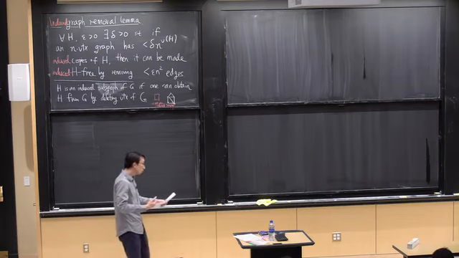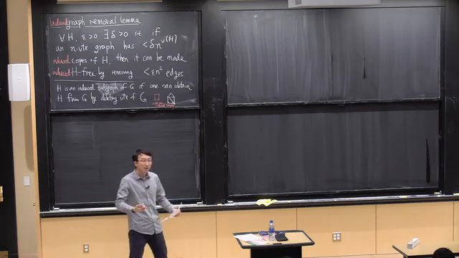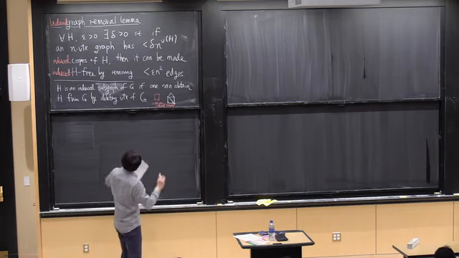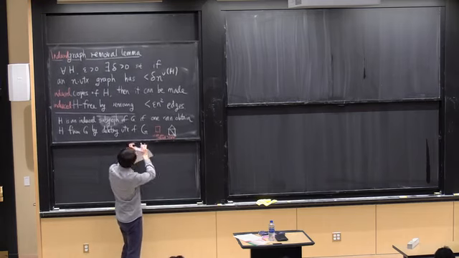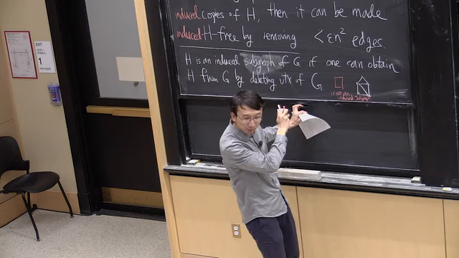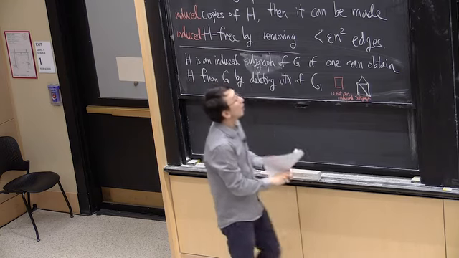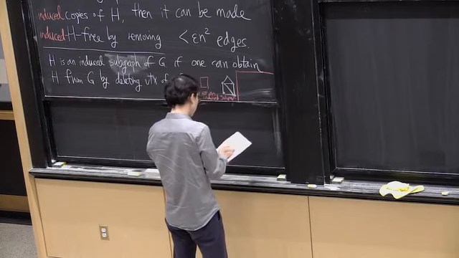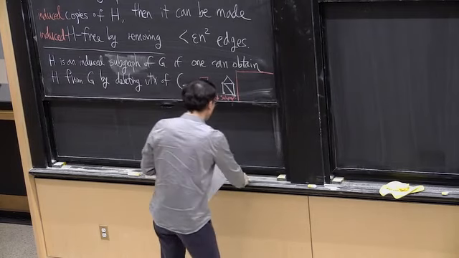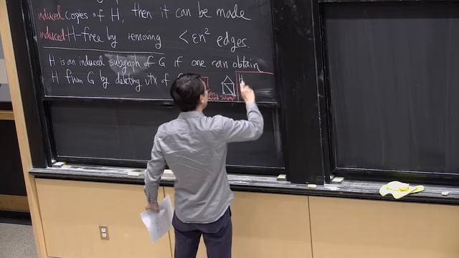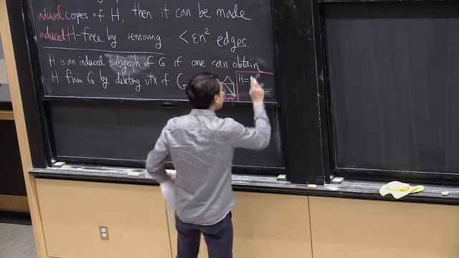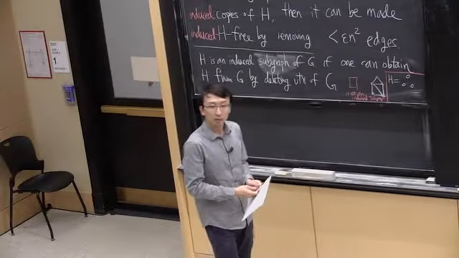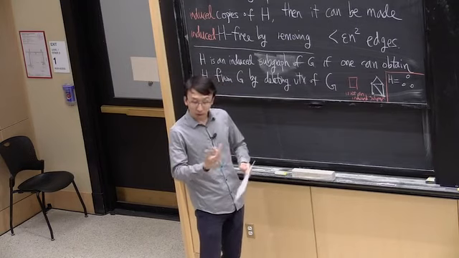Let's pretend for a second that what I've written here is not quite true. Here's an example. Suppose your H is 3 isolated vertices.